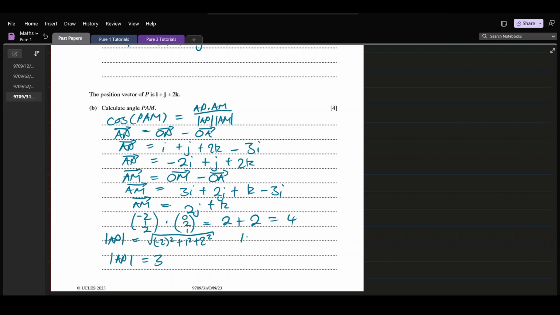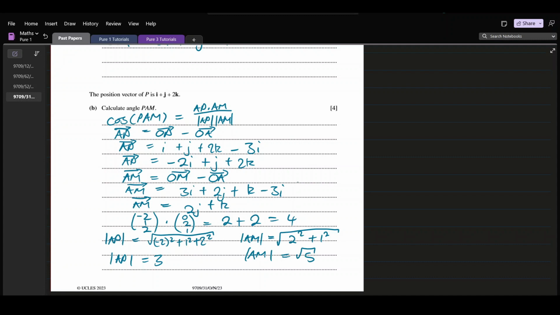And then the modulus of AM is equal to the square root of 2 squared plus 1 squared, so that's 4 plus 1, which is 5, so that's root 5. The modulus of AM is equal to root 5.